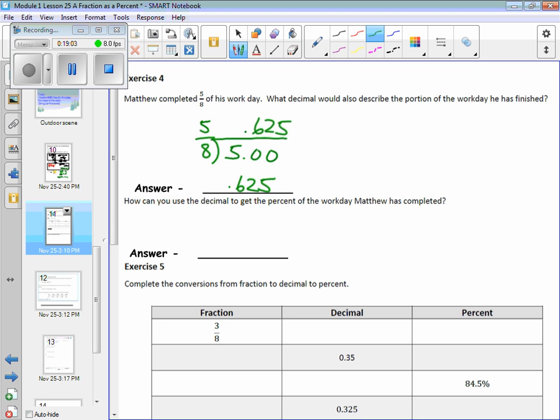And then to get the percent, we move the decimal twice to the right. And you wind up with 62.5%.